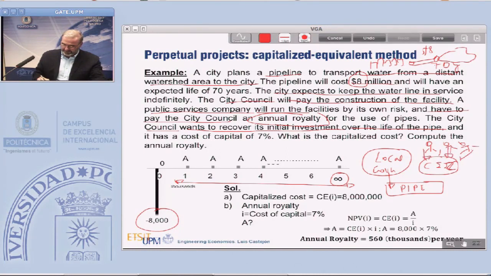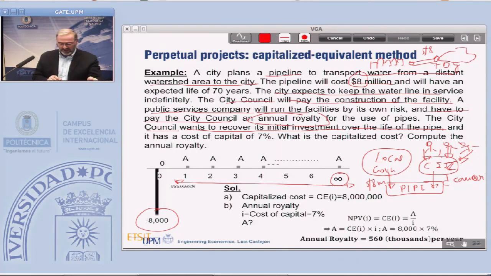So this is the cash flow diagram, and for using that and recovering their $8 million, the local council asks Canal de Isabel II for a price, a royalty. So how can we calculate that? This is the first question.